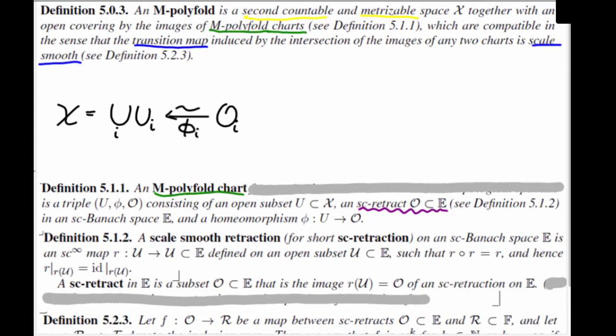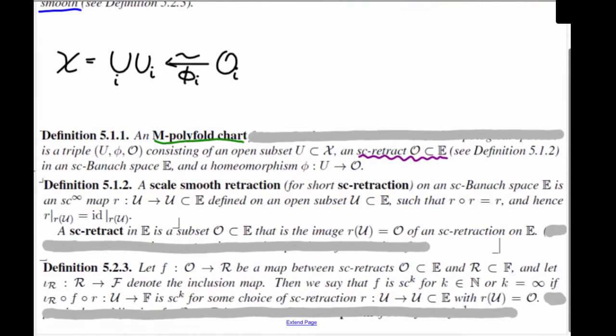Right. So, what are these local models? So that's when it starts to become a little bit more funky. So, what is this scale retract? That's somehow here, and it comes from a scale smooth retraction.